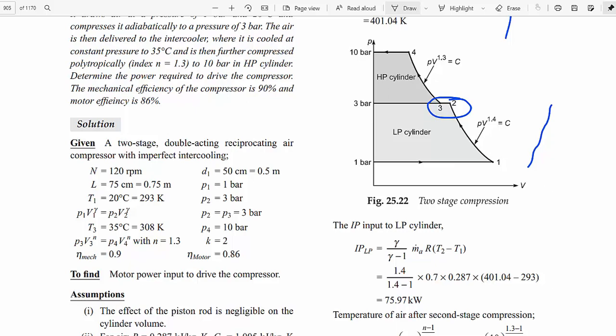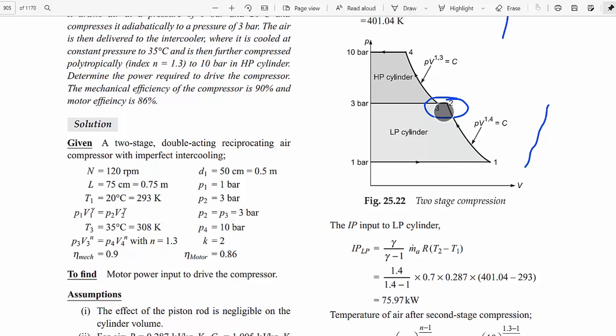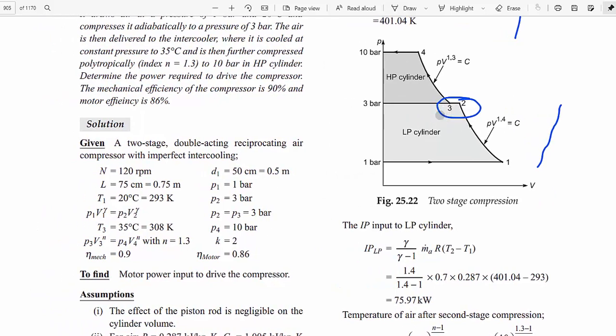Overlapping means from point 2, the actual-case pressure is reduced, and there is a separate line. From this line onwards, the second HP compressor compresses. So this smaller amount of area is lost. Okay, this is the imperfect intercooling.